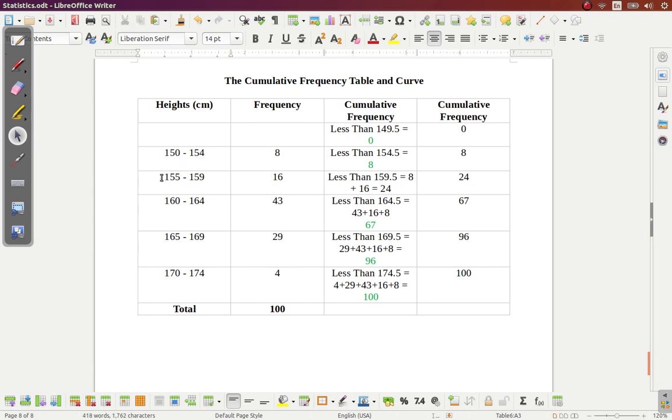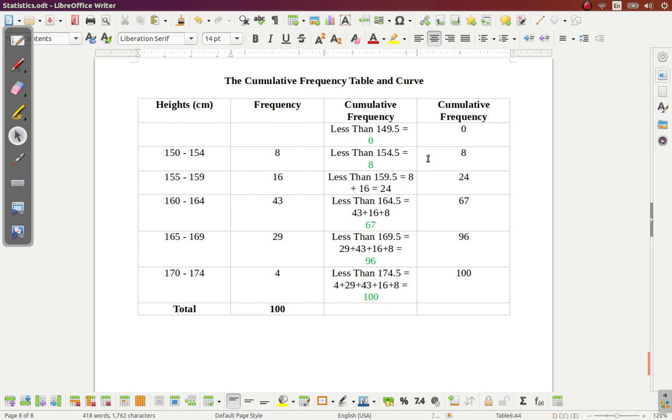So by the time we reach the second class, we say 8 were shorter than 154.5. Remember, the upper boundary of this is 154.5. The lower boundary of this is the same, 154.5. Upper boundary of the first class is 154.5. That's where it stops. The lower boundary where this starts is 154.5, the same 154.5.